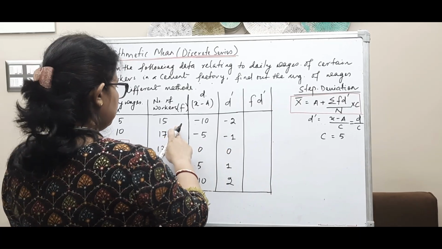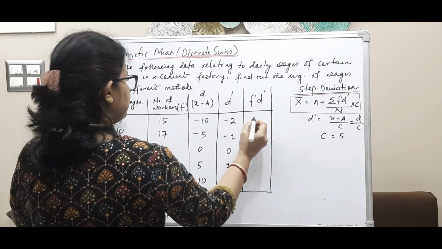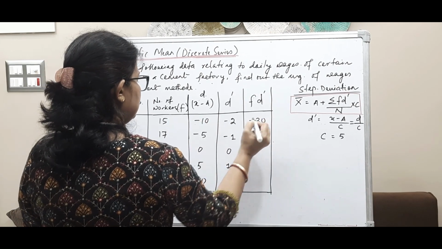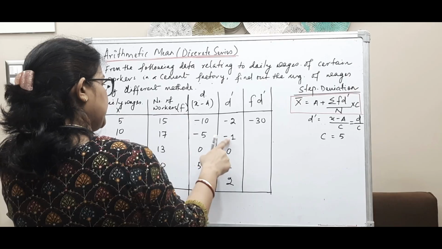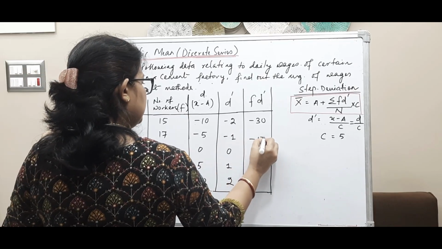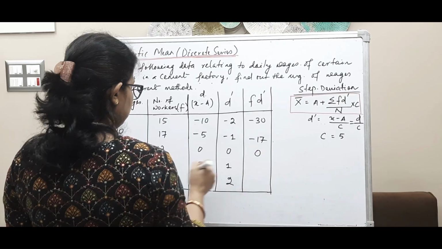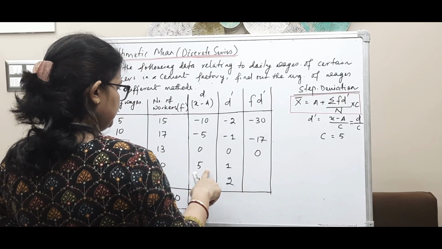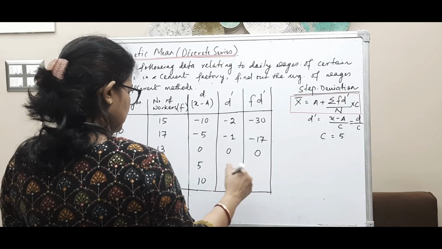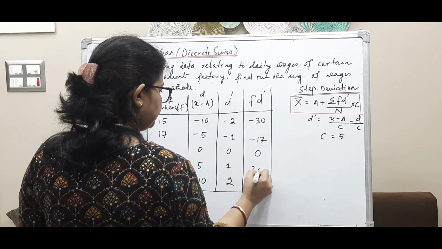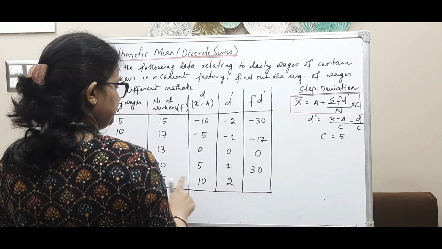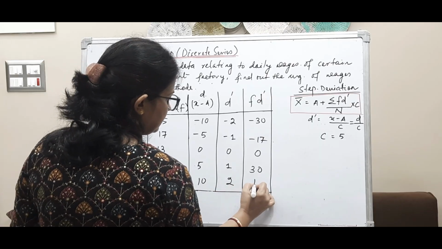So how much will it come? 15 into minus 2 is minus 30. Then 17 into minus 1 is minus 17. Then 13 into 0 is 0. 30 into 1 is 30. Then 5 into 2 is 10.